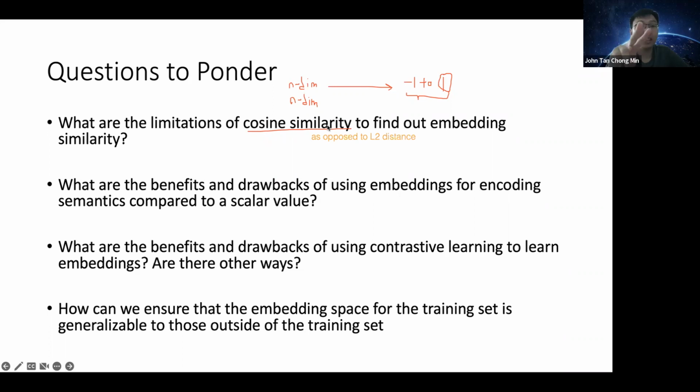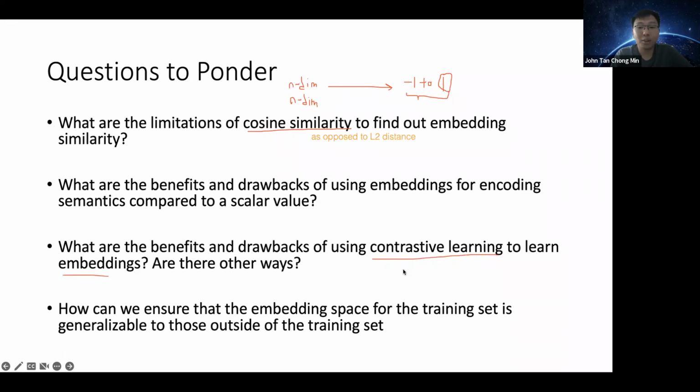That's one issue. The second issue could be the way they do contrastive learning, because you need exponentially increasing amounts of samples with increasing dimension of your hidden dimensions. Yeah, so this is a limitation of both cosine similarity and contrastive learning. That's this question here actually. Contrastive learning, you need a lot more samples to do embeddings.